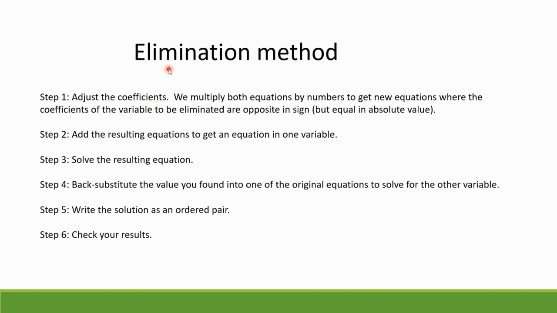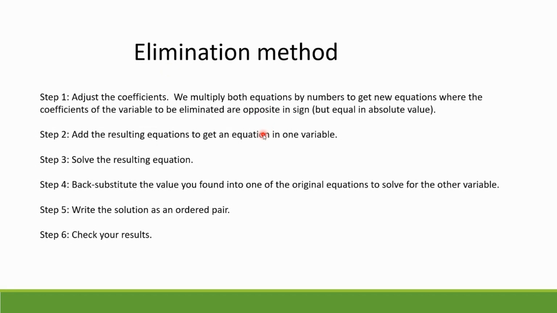But you might multiply both equations by something so that the coefficients of x, for instance, if you were to add them, x would vanish. So they would be the same, except opposite in sign, like 2 and -2, 4 and -4. You'll see what I mean when we do some examples.